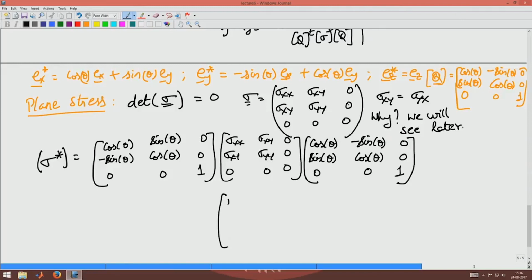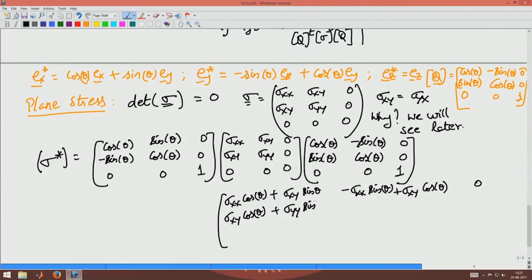What will I get then? I will get sigma xx cos theta plus sigma xy sin theta, minus sigma xx sin theta plus sigma xy cos theta, 0, sigma xy cos theta plus sigma yy sin theta, minus sigma xy sin theta plus sigma yy cos theta, 0, 0, 0, 0.